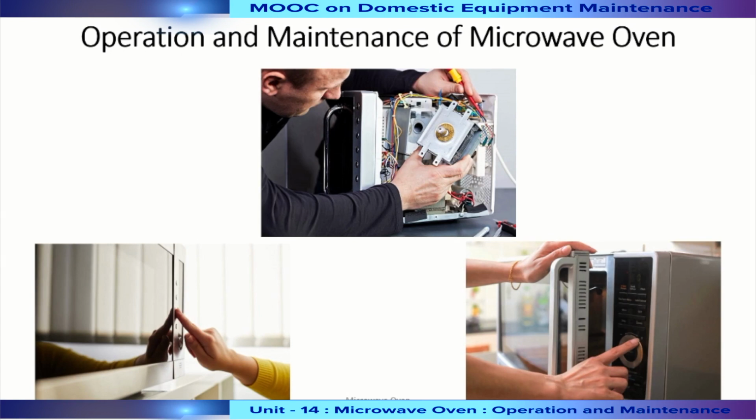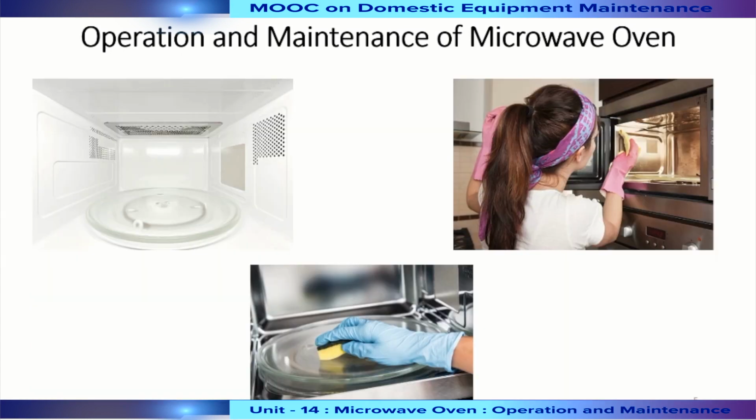After opening the microwave oven, we will be able to see inside of it. This inside part of the microwave oven needs to be cleaned so that the microwave oven can operate smoothly without any glitch.